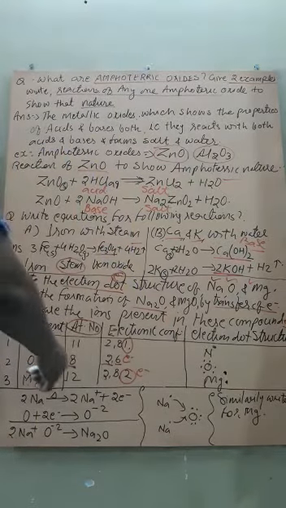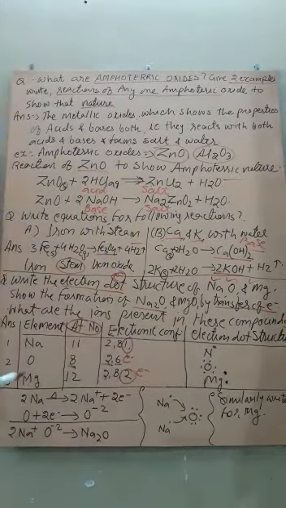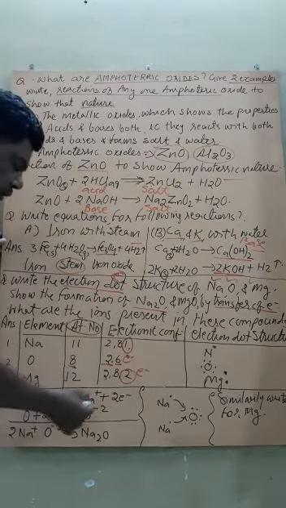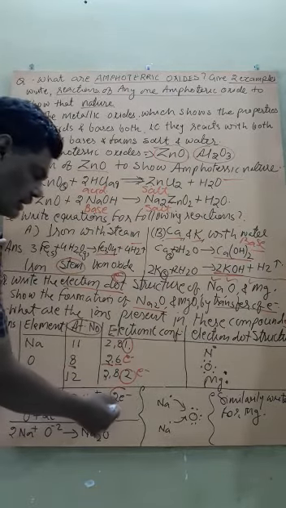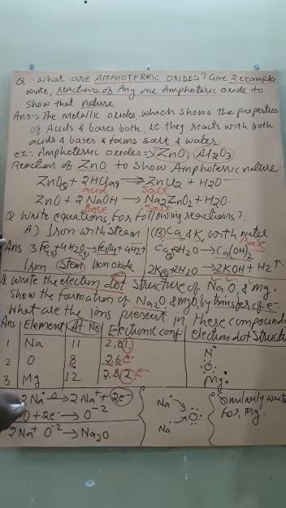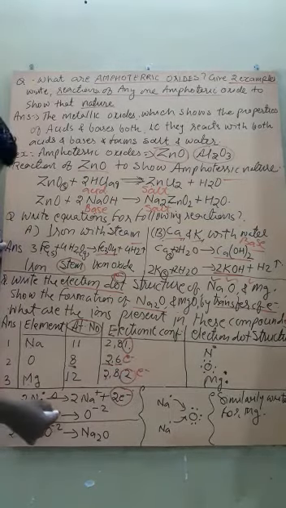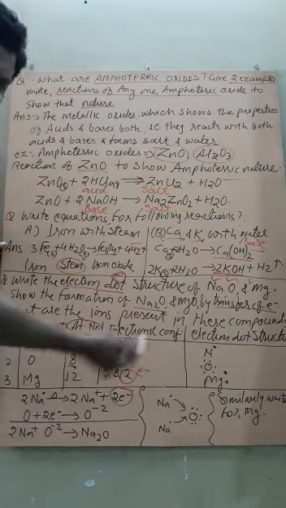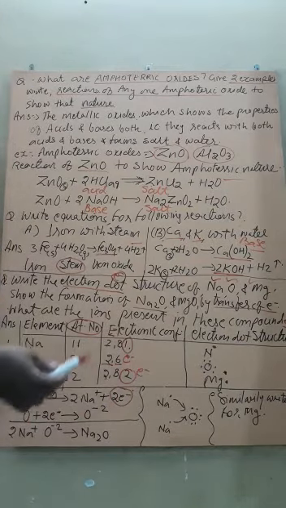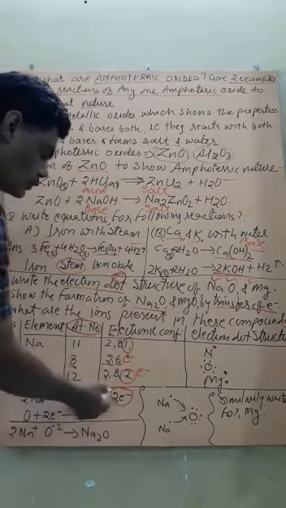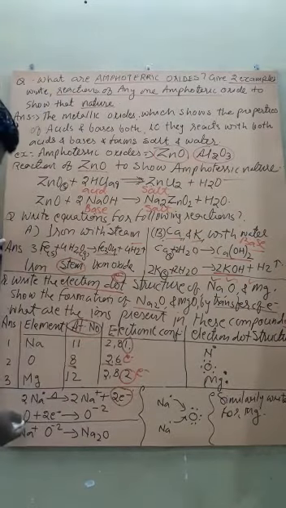Now, how to show the transfer of electrons? Sodium has only 1 electron in its valence shell, so it converts into Na+ cation and releases how many electrons? 2, because the total number of atoms is 2 and each atom has 1 valence electron, so 2 into 1 is equal to 2 electrons. Oxygen has 6 electrons in its valence shell, so to complete its octet it requires 2 electrons. The electrons released by sodium are gained by the oxygen atom.